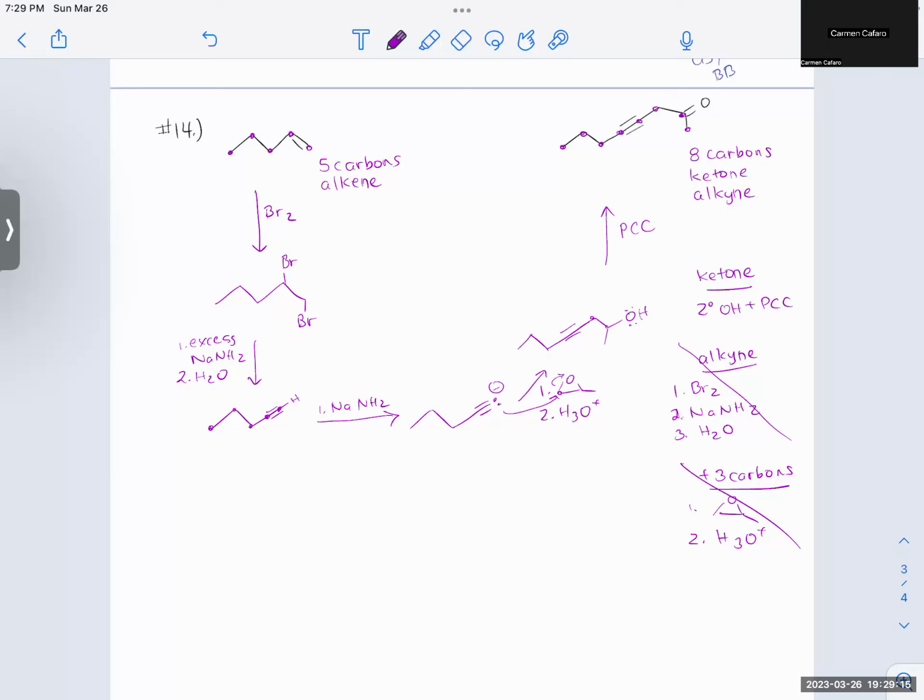Does it matter if we use the PCC first or the Na with the liquid NH3? Does it matter what order we use those in? I'm pretty sure that you can use them in either order. I don't think the liquid NH3 would affect the OH.